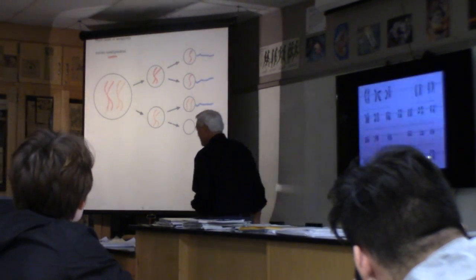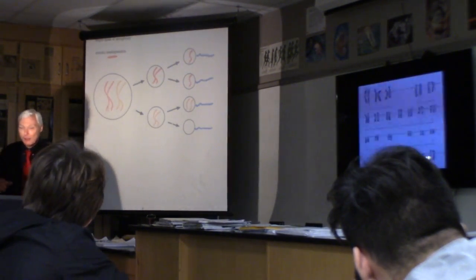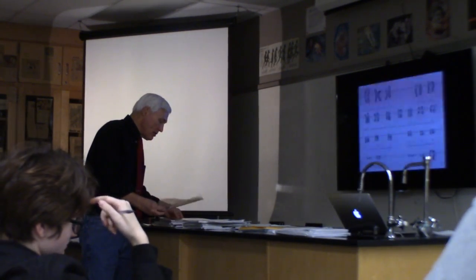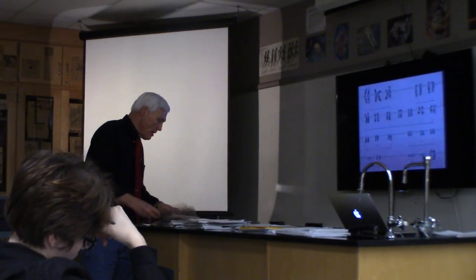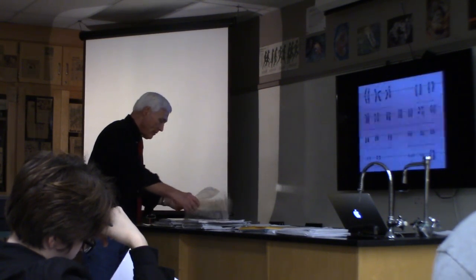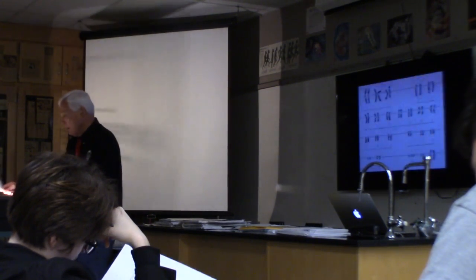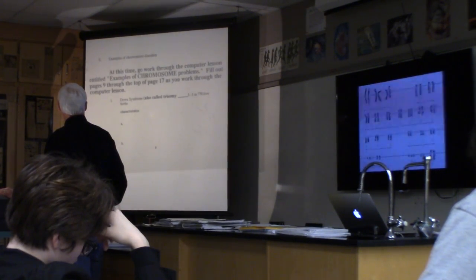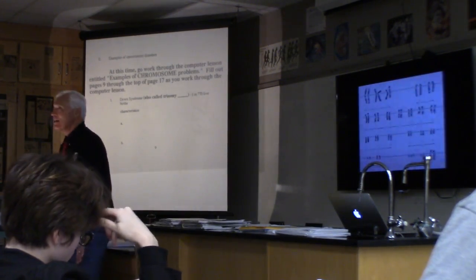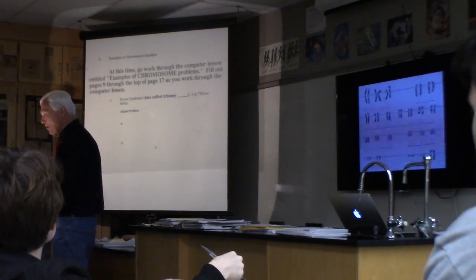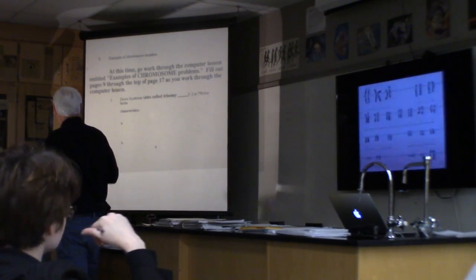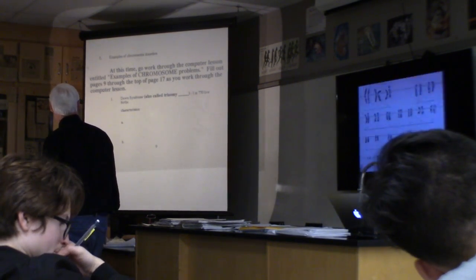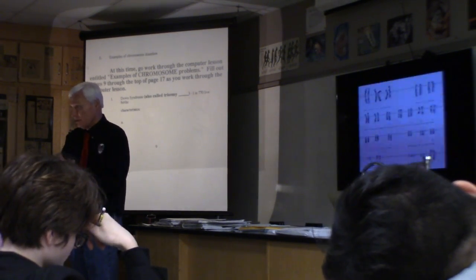Okay, here's what we're going to do. If you'll take your study guide, we're going to jump ahead. Jump all the way over to page 9. And then we're going to come back and fill in the intervening pages on Monday. See where it says at this time go through the computer lesson entitled Examples of Chromosome Problems.